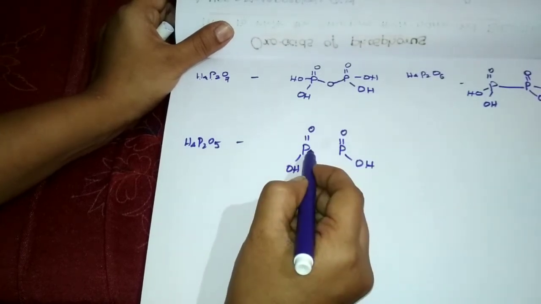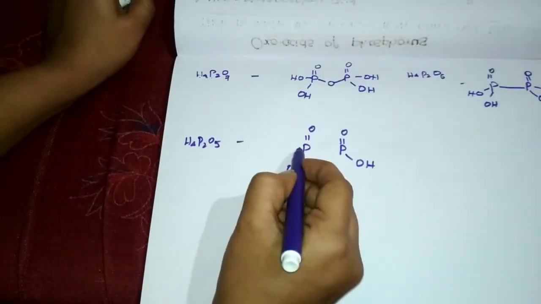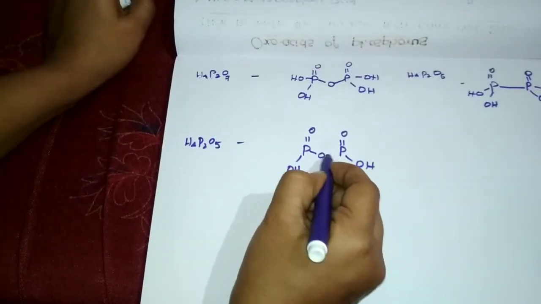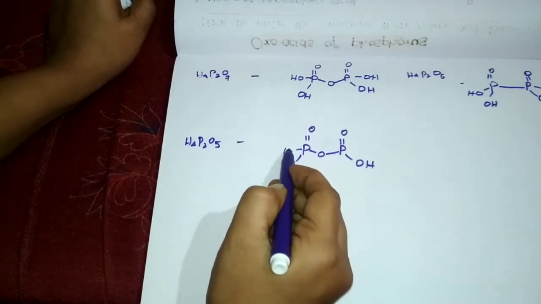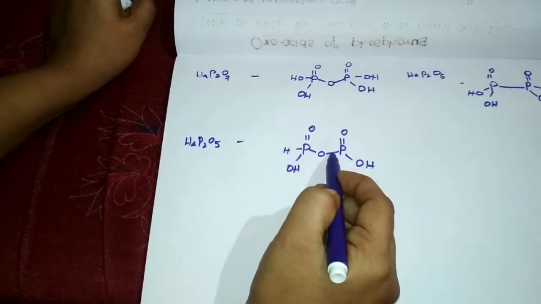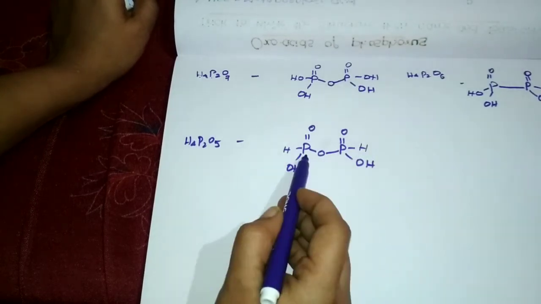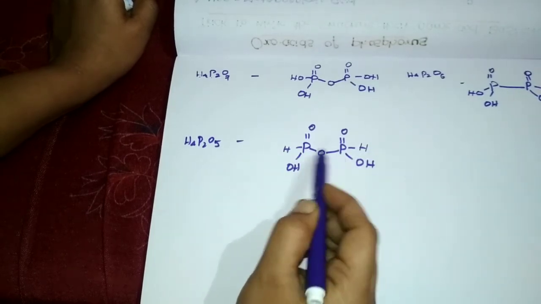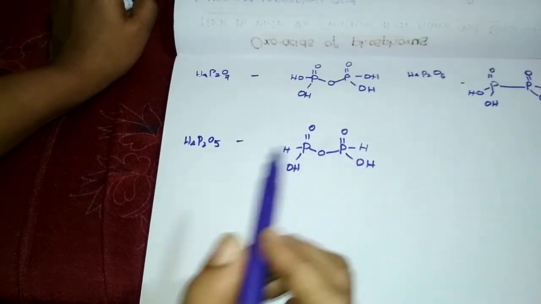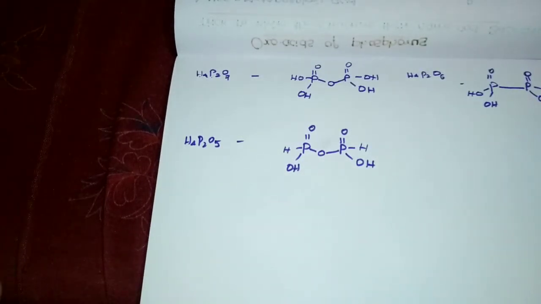Now only one oxygen is left, so this oxygen will act as a link over here. Now 1 hydrogen over here and 1 hydrogen over here. So H4, 1 2 3 4; P2; oxygen 5. This is how you're going to practice the structure.